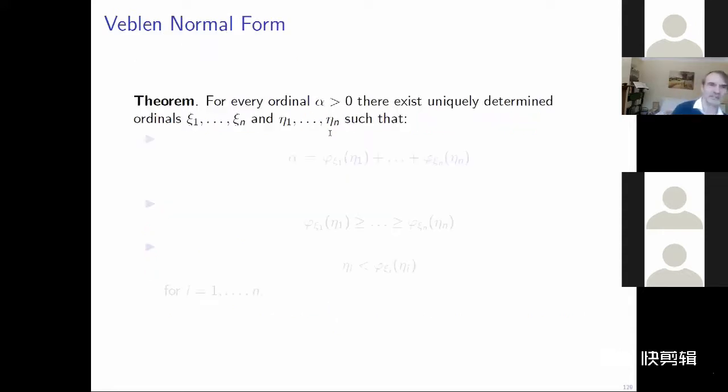And with this hierarchy, Veblen obtained a new normal form, namely every non-zero ordinal has a phi normal form of this form.